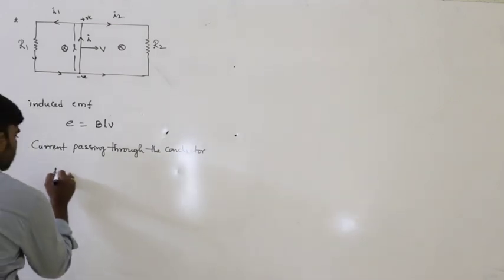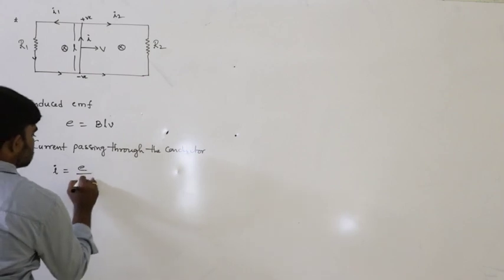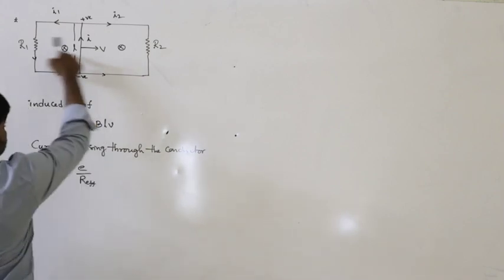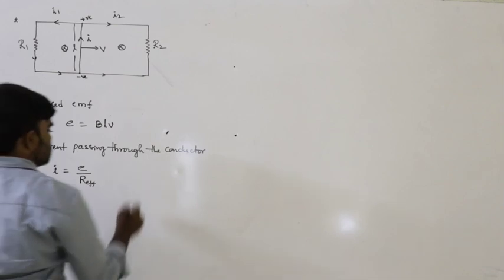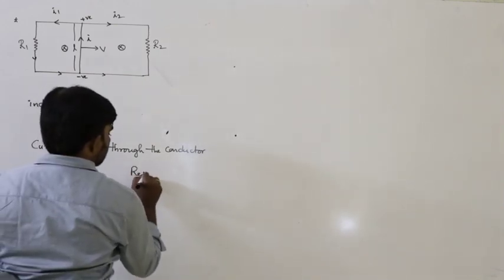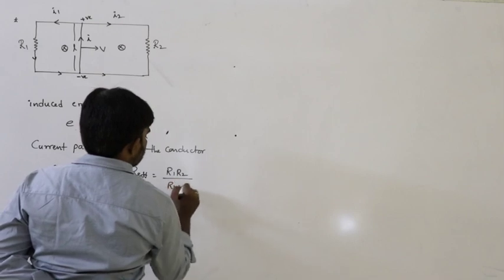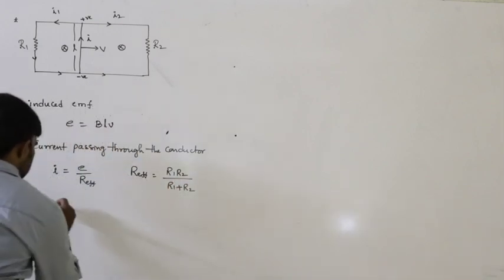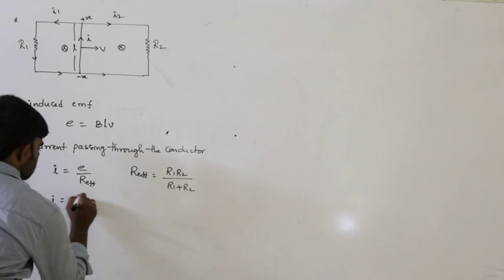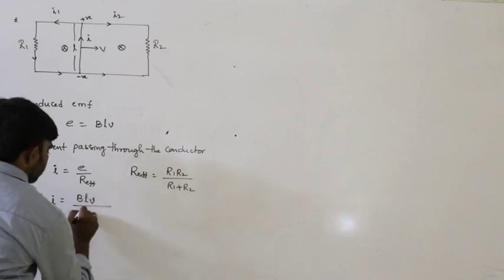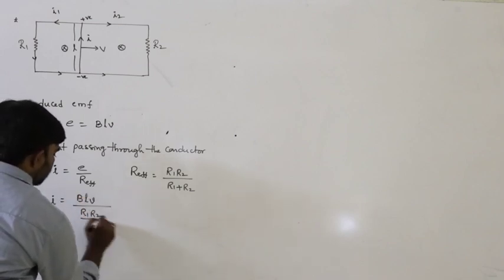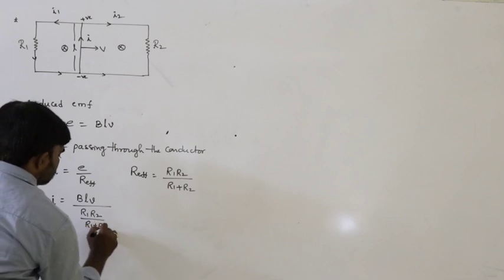So the current formula is E by effective resistance. Here the two resistances are in parallel. So if the two resistances are in parallel, effective resistance is R1R2 by R1 plus R2. Therefore I is equal to E, which is BLV, divided by R1R2 by R1 plus R2.